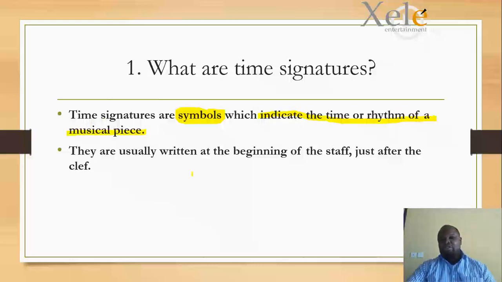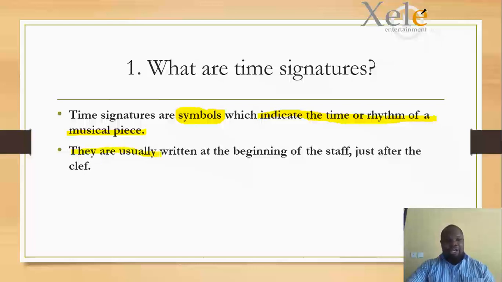In very simple terms, a time signature gives you an indication of the beat that should be behind the song. So that's exactly what a time signature is: symbols which indicate the time or rhythm of a song.